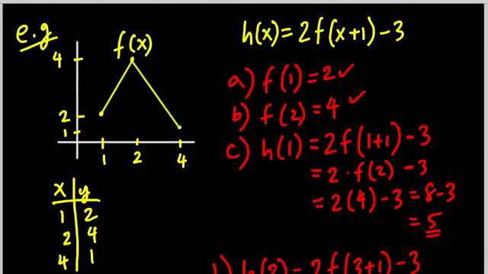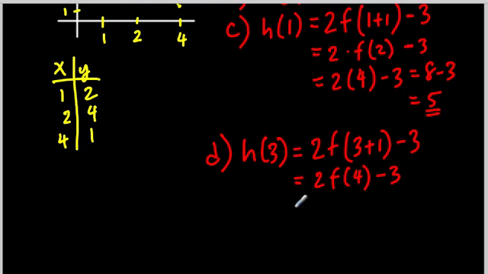Let's take a look here. f of 4, as we determined, is 1, or even if we look in this xy table that I wrote here, when x is 4, y is 1. So we know f of 4 is equal to 1. So if I go back down here, this is equal to 2 times 1 minus 3. So in other words, it's 2 minus 3, and 2 minus 3 is simply -1, and that's our solution.